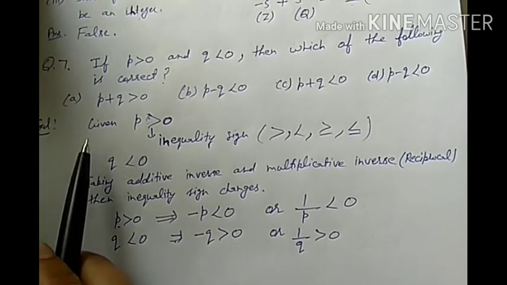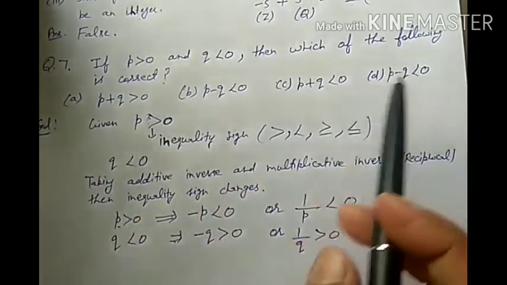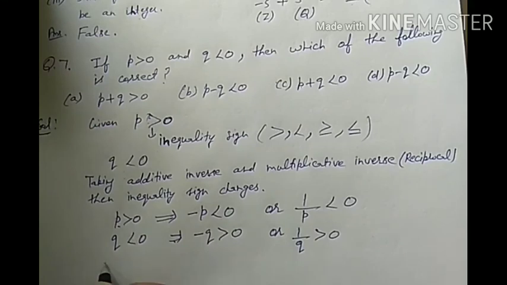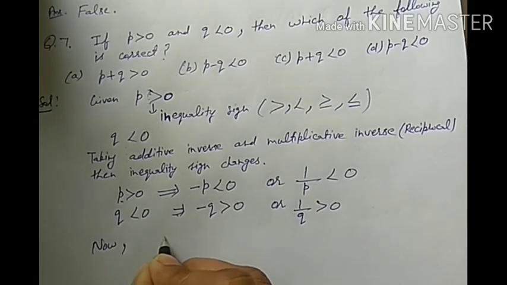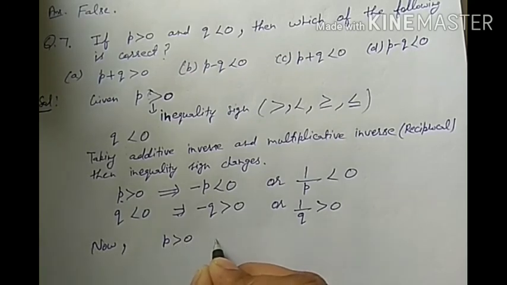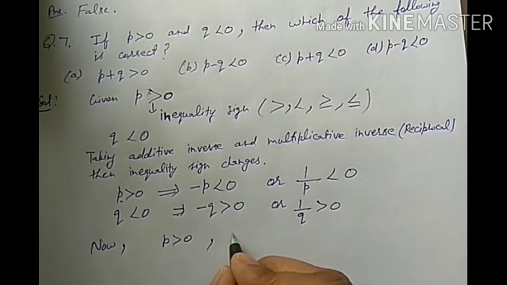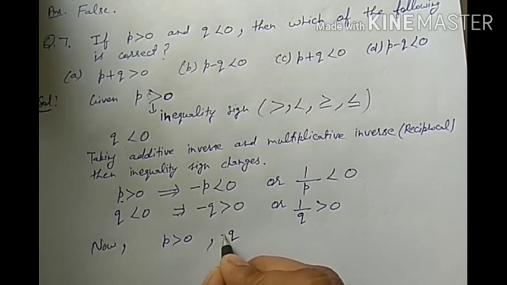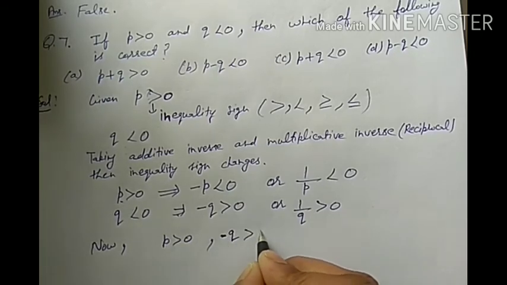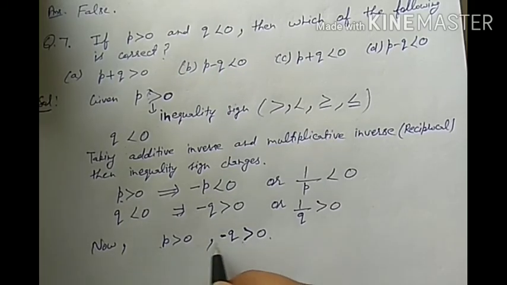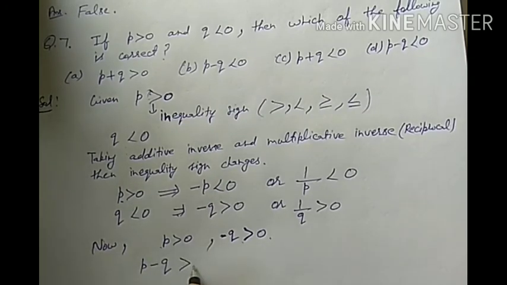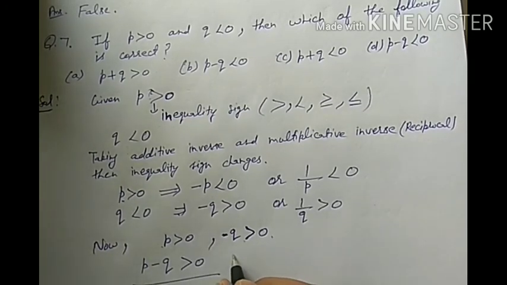So when we compare with our options, we see that if we take p greater than 0 as it is, and when we change our inequality sign here, then minus q greater than 0, means we have the same sign in both, greater than. So we can directly say p minus q greater than 0.